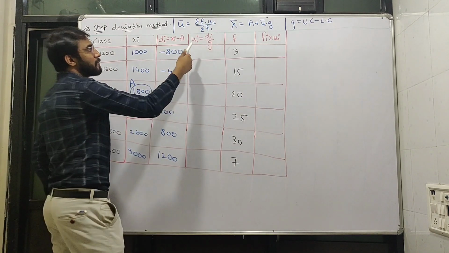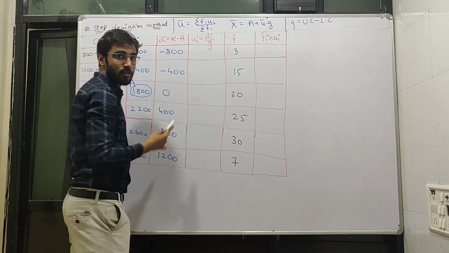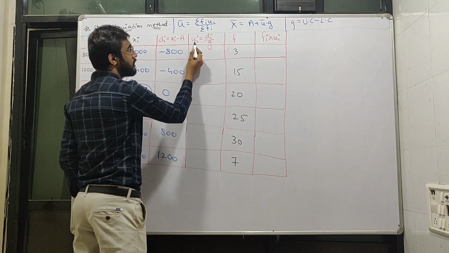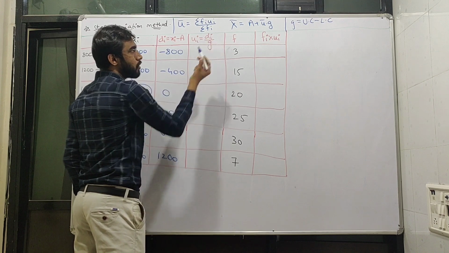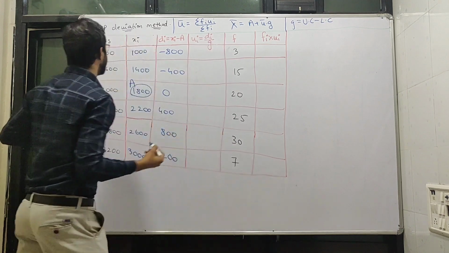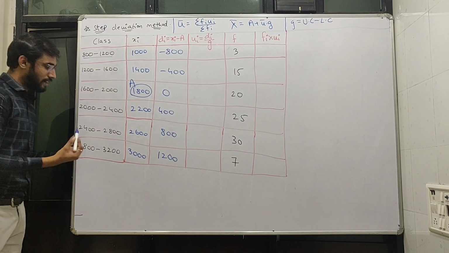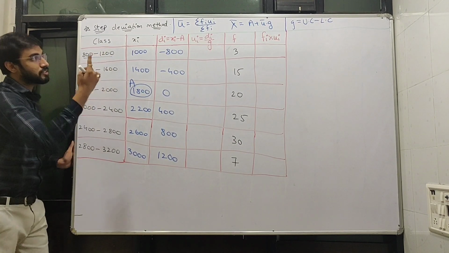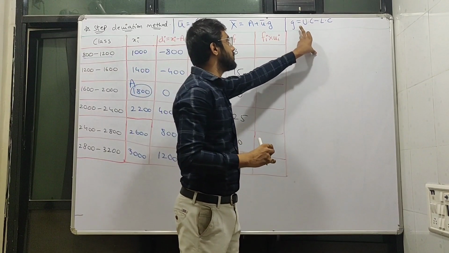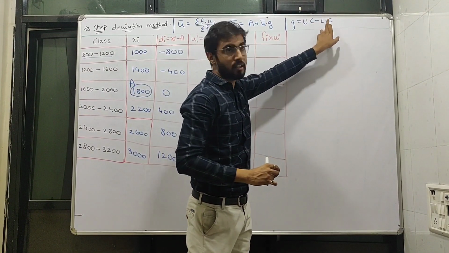Next is our new table, something which we will see only in step deviation method, ui. So ui is equal to di upon g. So what is g here? So g is the difference between the class, as in higher class. I have written down the formula here for g. G is upper class minus lower class.